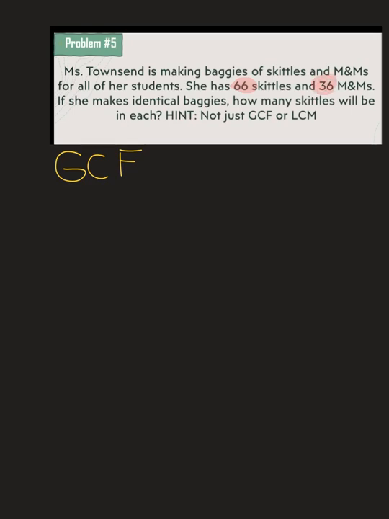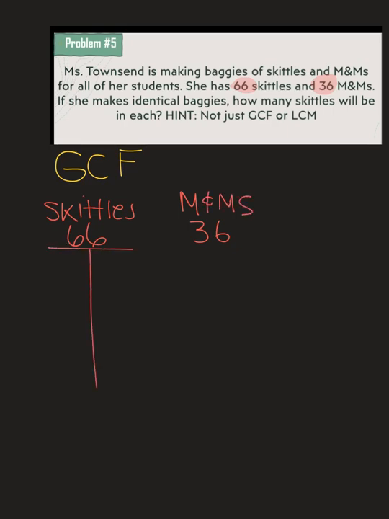So let's make our T-chart. 66 is our Skittles, and 36 would be M&Ms. So T-chart, and we need to list out our factors.